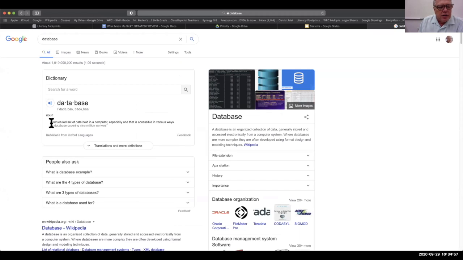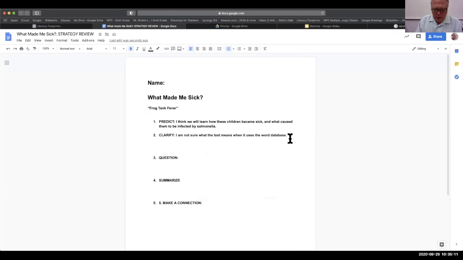A database is a structured set of data held in a computer, especially one that's accessible in various ways. So it's an organized collection of data. So that's what I need to put in there.